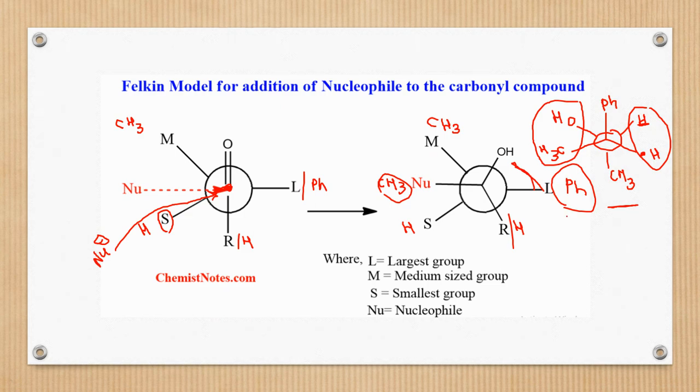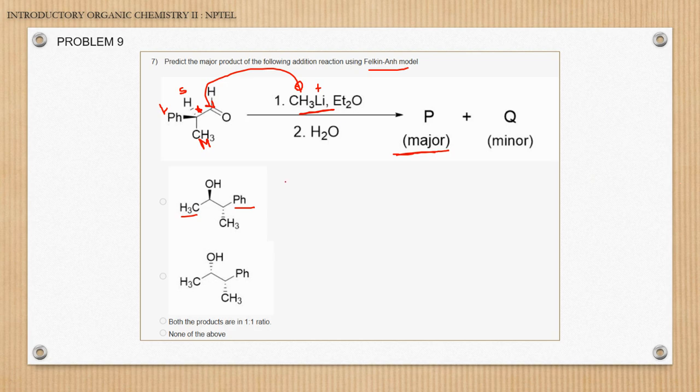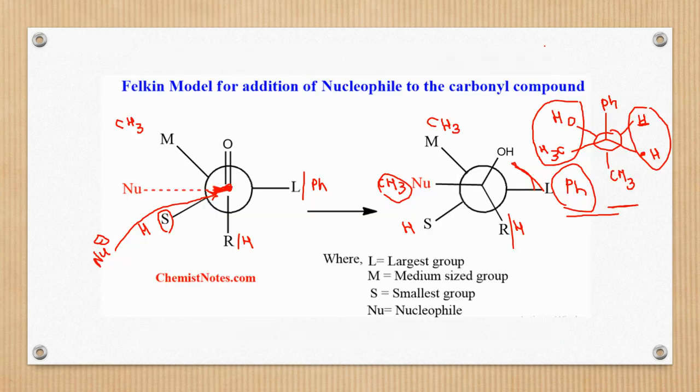Stating option number B, because hydroxy and methyl are coming at one position and hydrogen is coming at one position. So hydroxy and methyl should be syn to each other and hydrogens are syn to each other. In option number A, OH and methyl stereochemistry is anti to each other, which is not possible in our case, right?